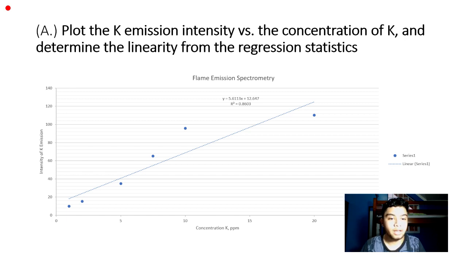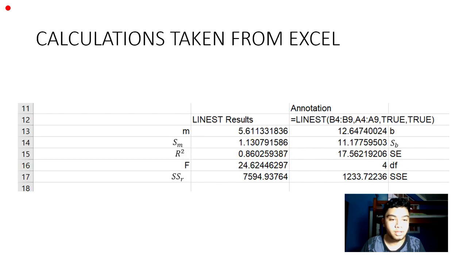After the LINEST results, we obtain the slope, the standard deviation of the slope, the intercept, the standard deviation of the intercept, and the r-squared, which is the regression. Some of these are not necessary, but we are going to focus on the slope, the intercept, and the r-squared, which is the regression.